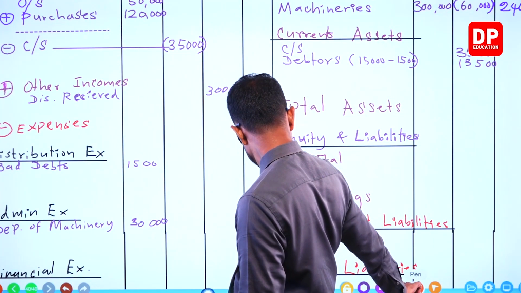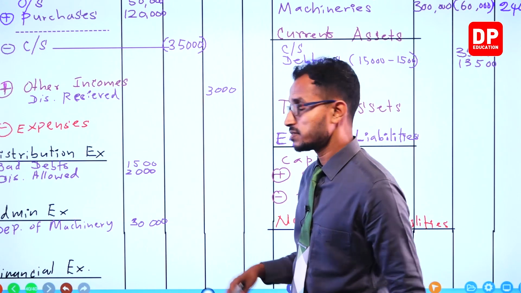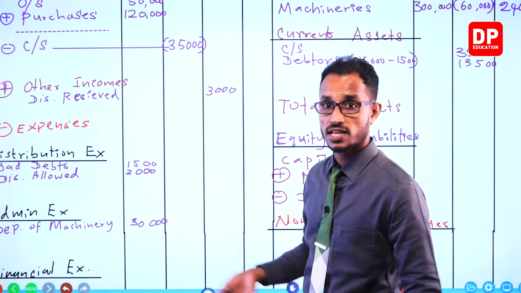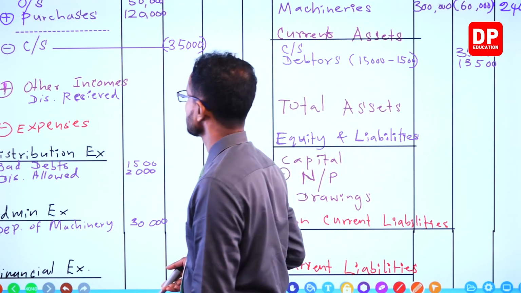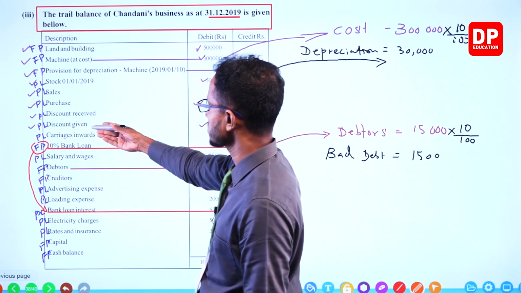In the profit or loss distribution, discounts allowed, 2,000. It's the same thing, known as discounts allowed. Tick it. Discounts given, discounts allowed.